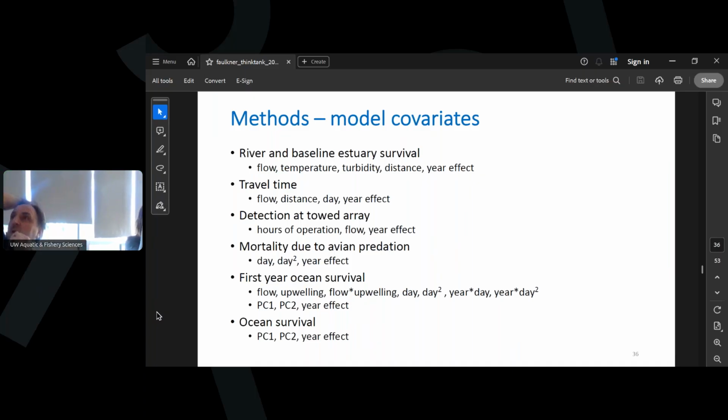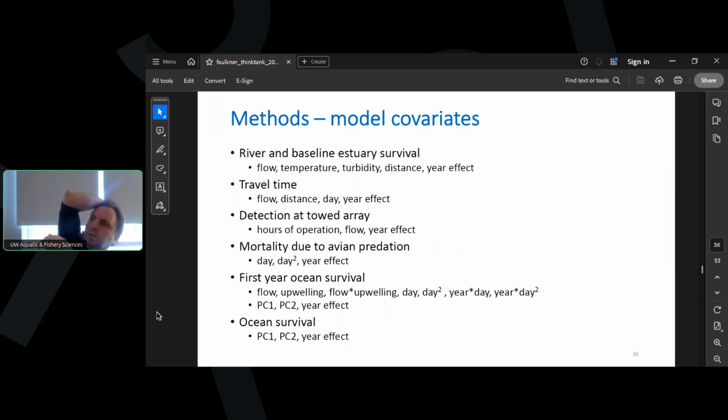Separate intercept by year, and that could definitely allow the day and day squared thing to change by year, but for this, I didn't do it. And then first year ocean survival has the daily things of flow, upwelling, flow by upwelling, day and day squared, and then random effects by year for day and day squared.